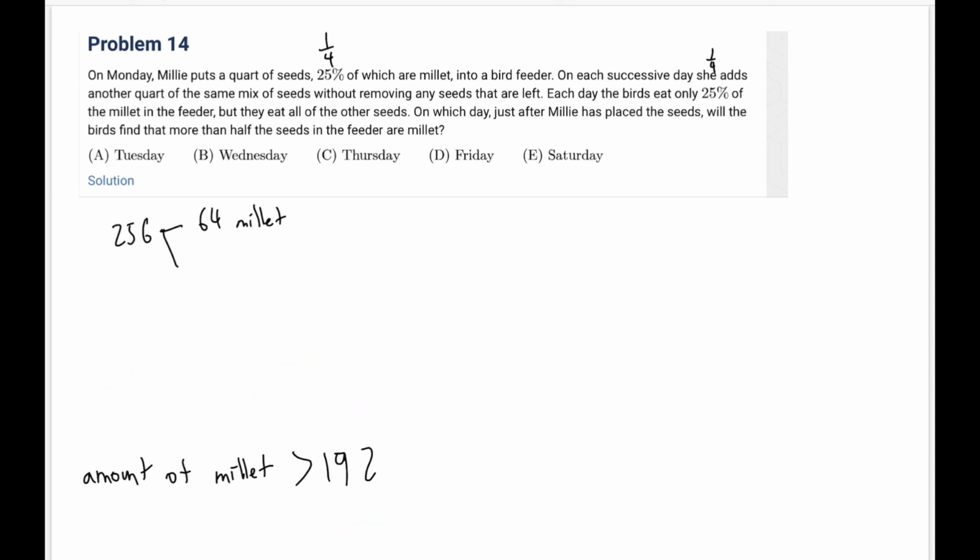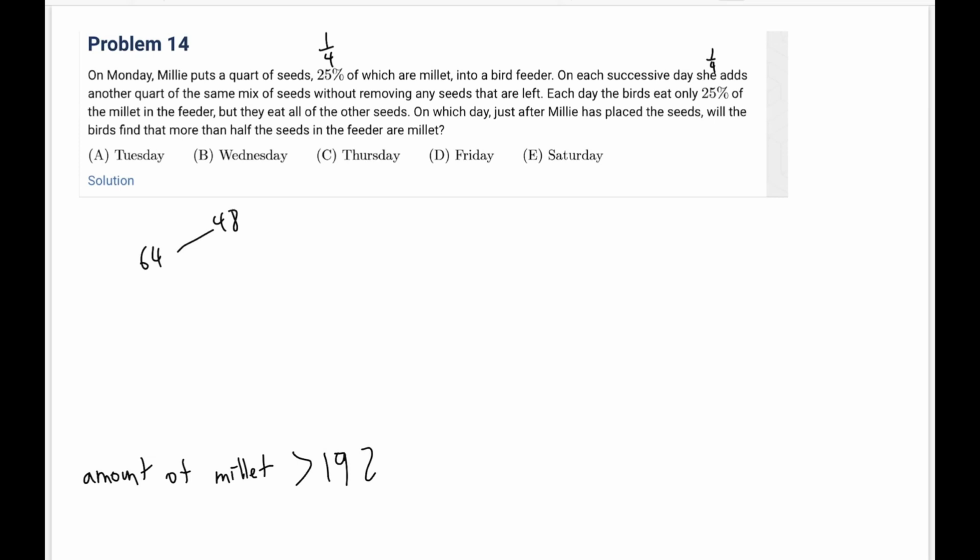And so since we get 64 millets in the first place, we'll start out with 64, and then it says each day the birds eat only 25% of the millet in the feeder, right? So if we multiply 64 times 3/4, because that's 75%, this would equal 48.